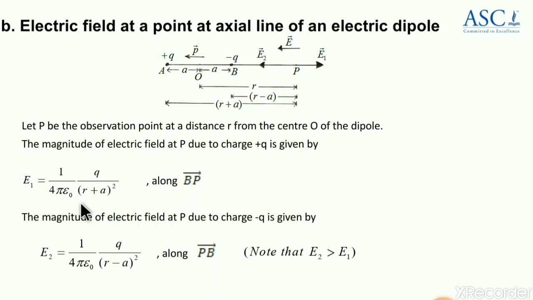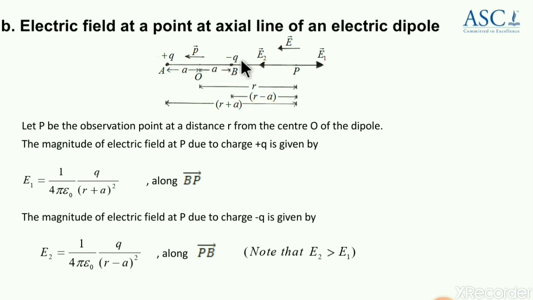So that is the magnitude. Now the direction: the electric field direction at point P due to the plus Q charge is along BP. From the properties of field lines, due to this plus charge, the electric field moves away from it.